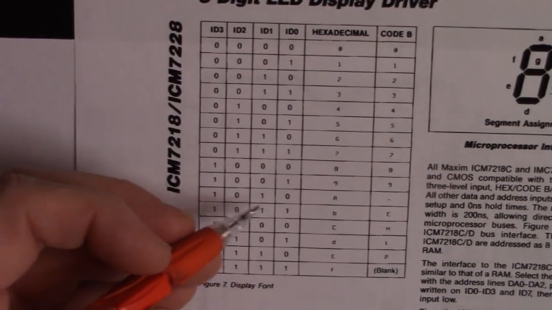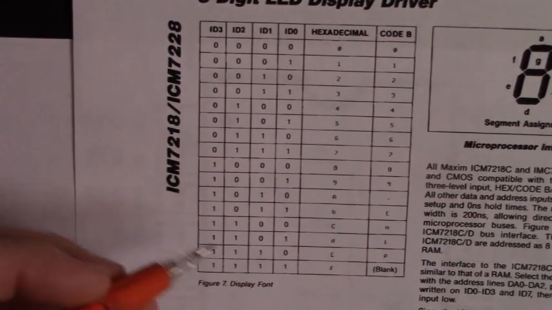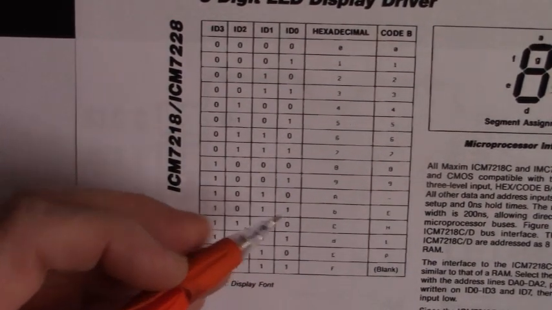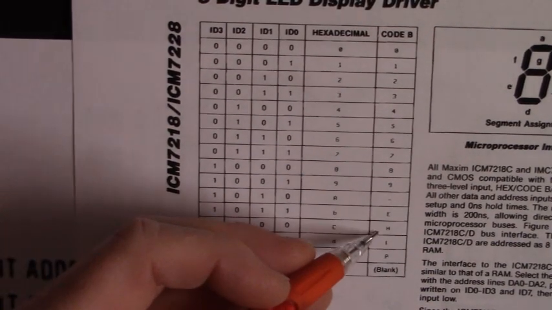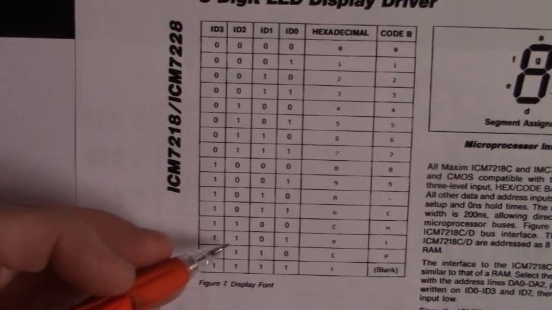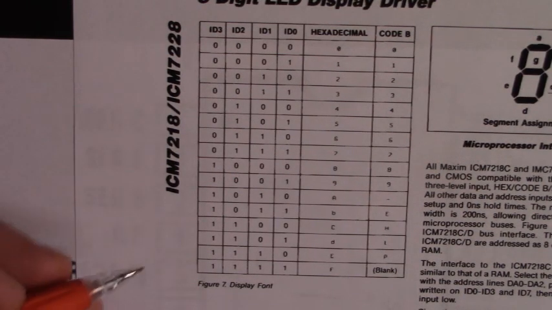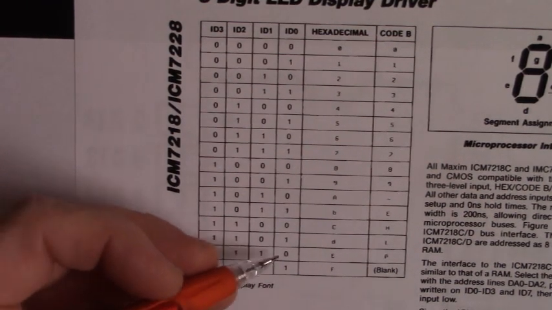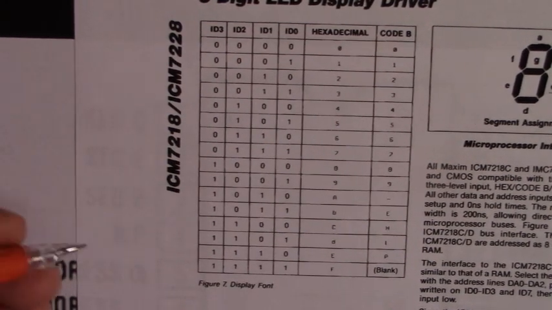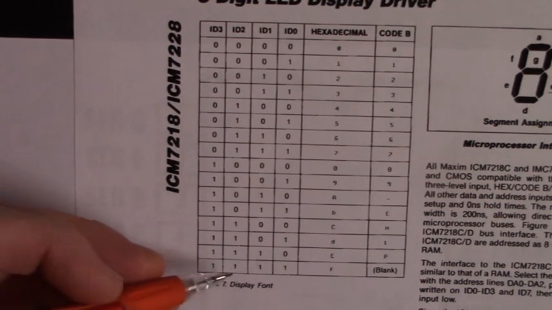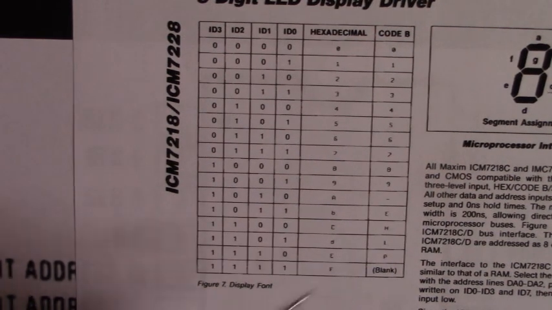So 1, 0, 1, 0, that's a binary 10, we have a dash. 1, 0, 1, 1, we have an E. 1, 1, 0, 0, we have an H. 1, 1, 0, 1, L is displayed on that selected 7-segment display. 1, 1, 1, 0, a P is displayed on that selected 7-segment display. And lastly, 1, 1, 1, 1, the 7-segment display is blank. No segments are illuminated.